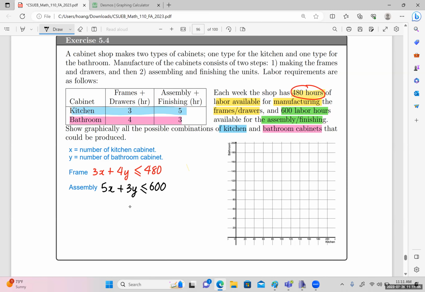Okay. And you have to do exactly the same as above, right? So maybe pause my video and try it in 5 minutes, right?